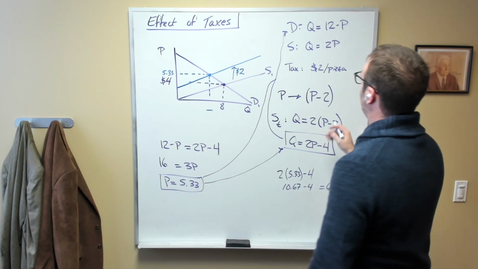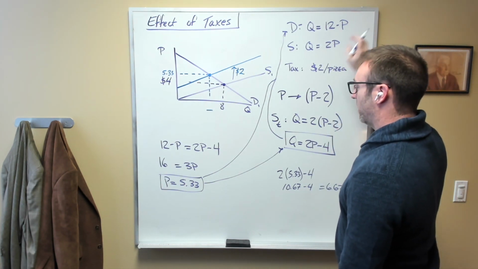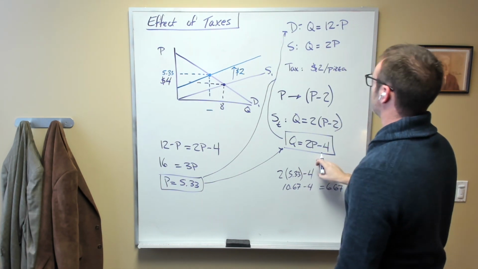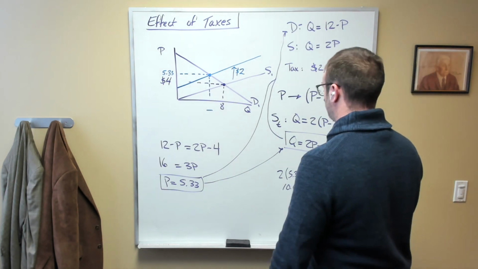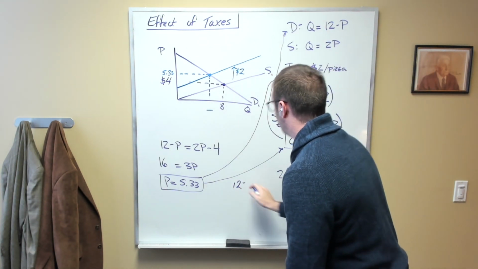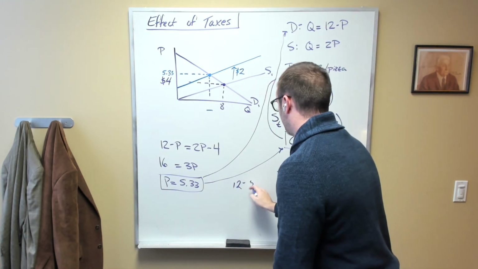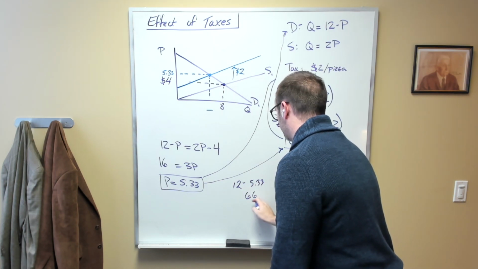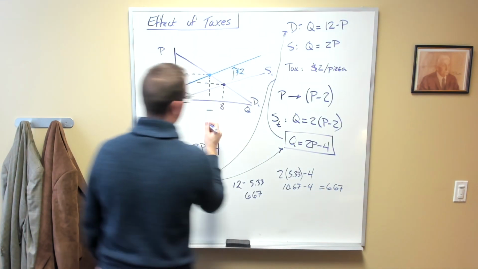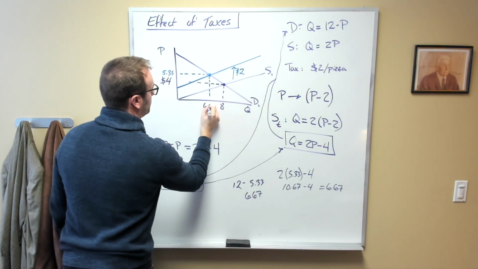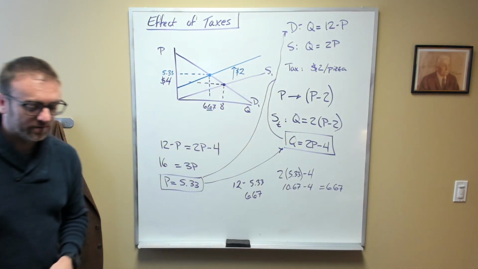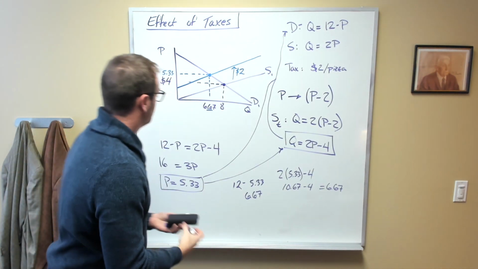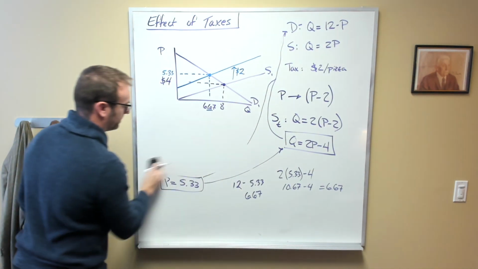Okay, and if I plug it in here, I have 12 minus 5.33, and that is also equal to 6.67. So we know that the quantity of pizzas being purchased after this tax is going to be 6.67.